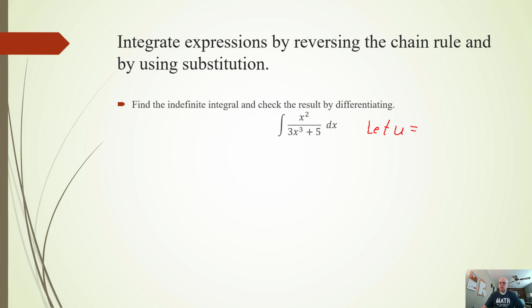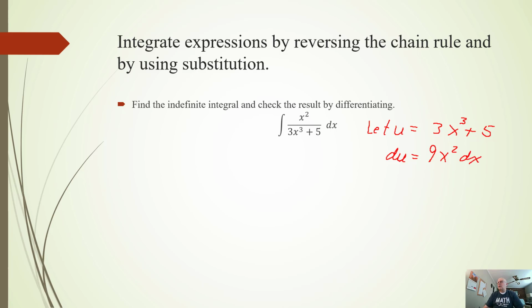Let u equal the 3x cubed plus 5. Turning it into a differential equation, du equals, and this will be 9x squared dx.